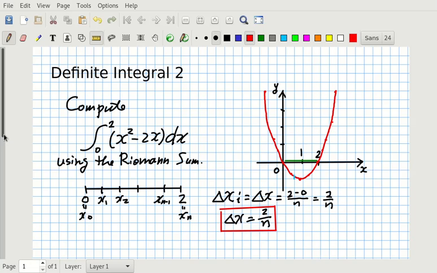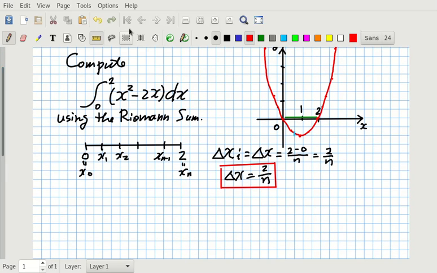Okay, and next we have to choose evaluation points from each sub-interval.